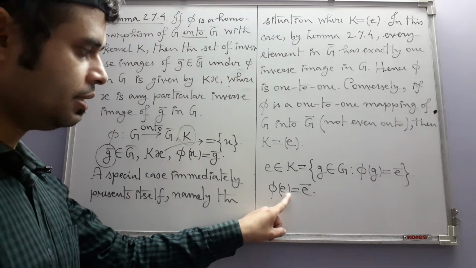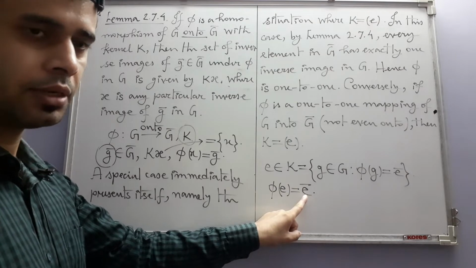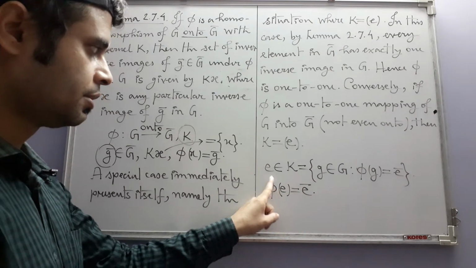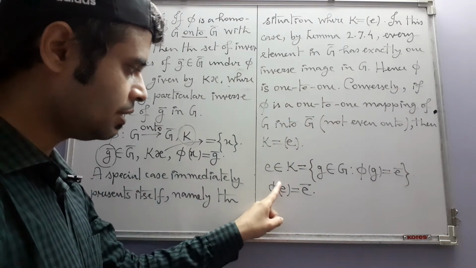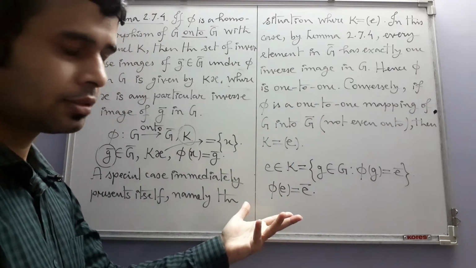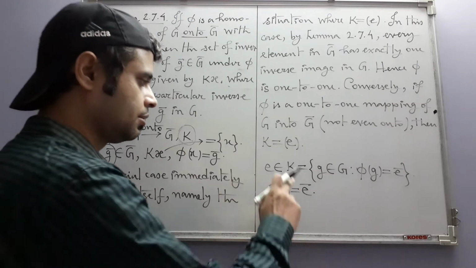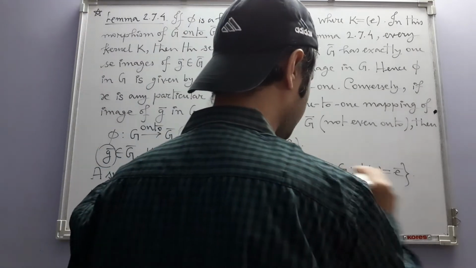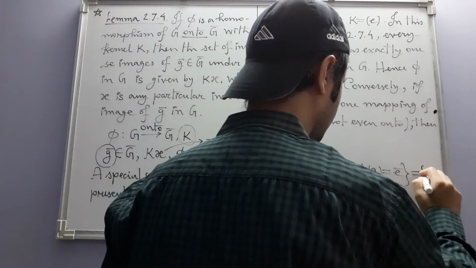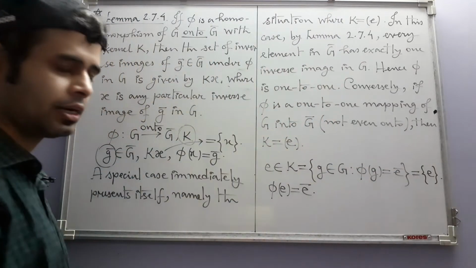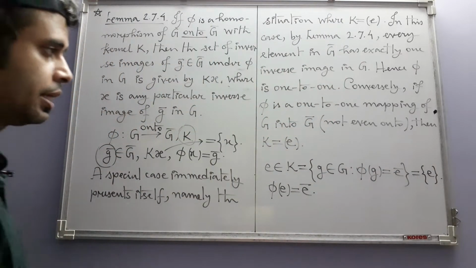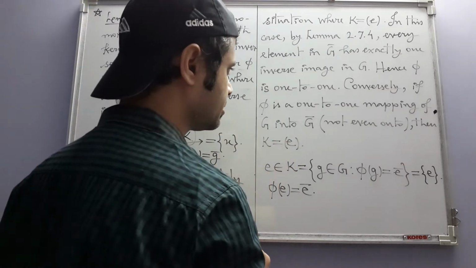That is, E is an inverse image of E bar under phi. Now if phi is given to be 1 to 1, then this inverse image has to be unique. So that means in this case K will consist of only E, and that's how we are concluding this statement.